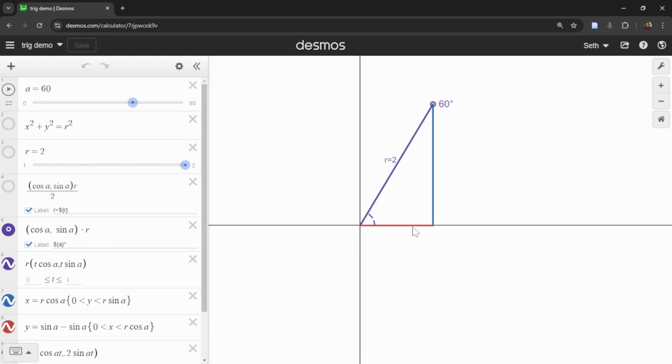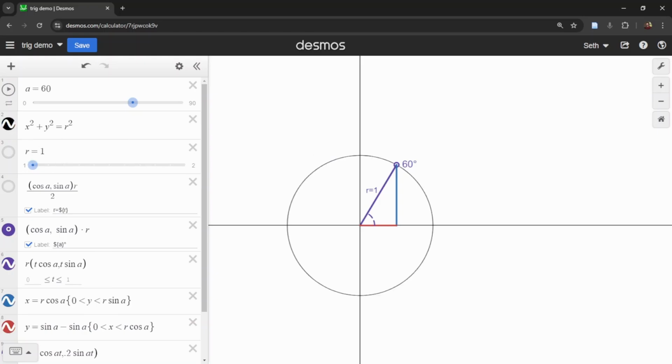What trigonometry does, in the way that I think about it, is it takes our triangle and it scales it down to the size of a unit circle, or if it were smaller than a unit circle, it would scale up, but it scales the triangle to the size of a unit circle.